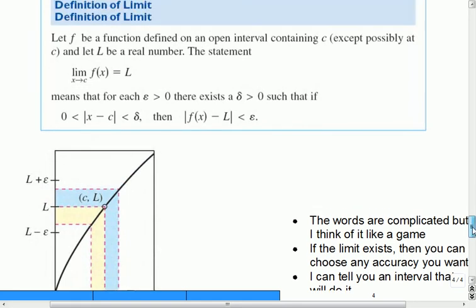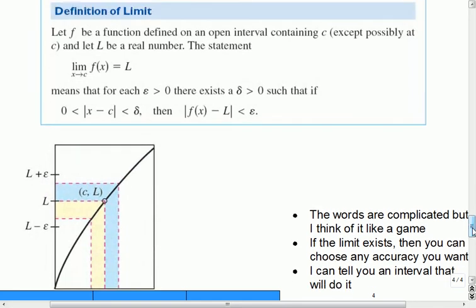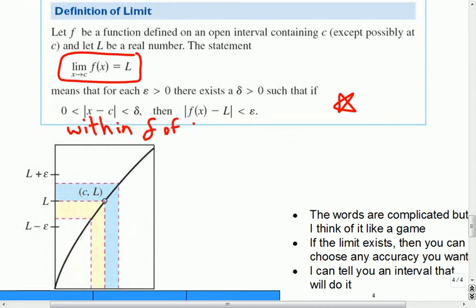So here's what the math looks like. It says, if I want to prove that the limit as x goes to some value c of f of x is L, okay, this is what I want to prove, then here are the conditions that I have to show are true. The first condition says that I have to be within the value delta of c.